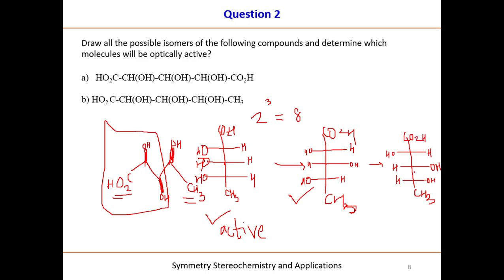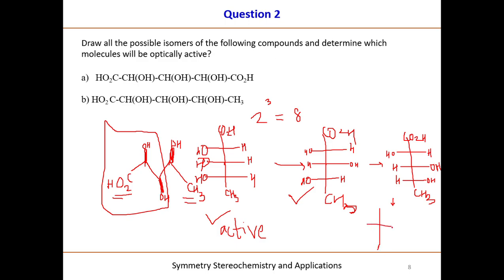So in this molecule also we don't have any symmetry element present. That means this molecule is also optically active and is a chiral molecule.